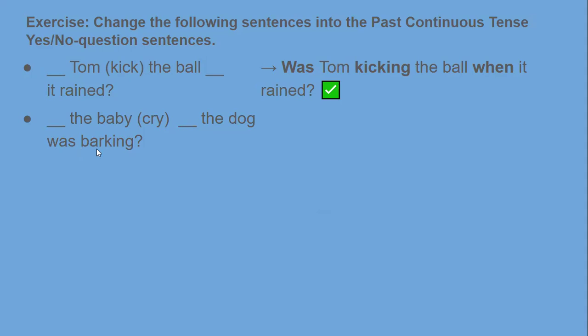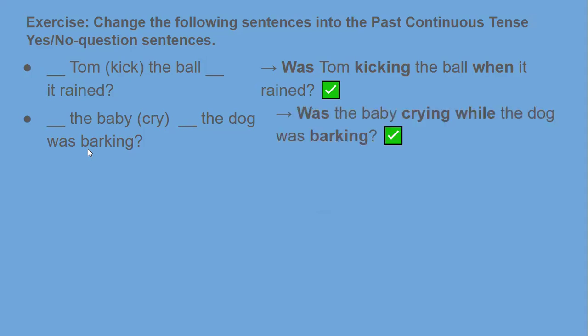And you can see here the second sentence is also in the past continuous form, and therefore it means that we have to connect the two sentences using while. So the correct sentence becomes, was the baby crying while the dog was barking?